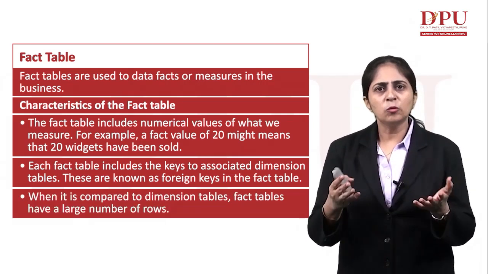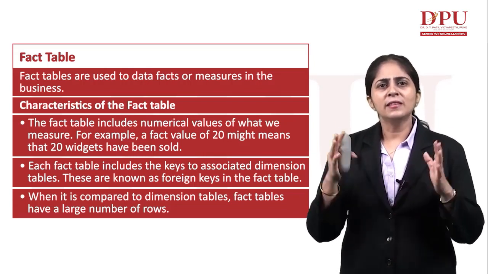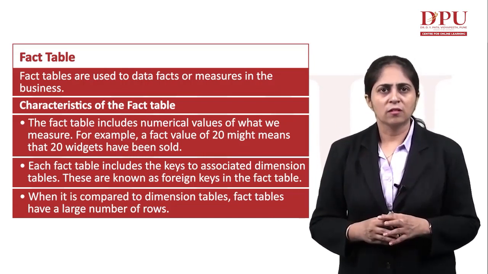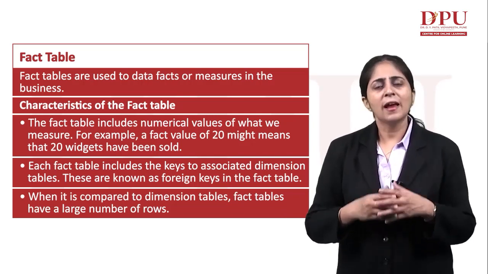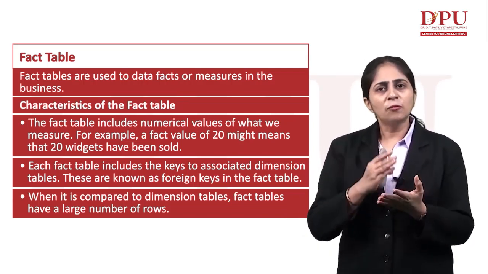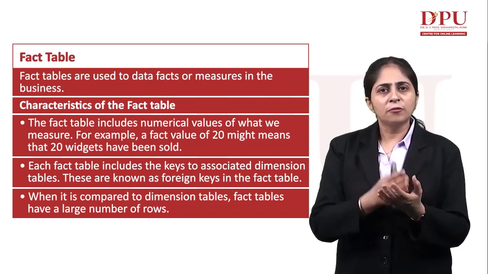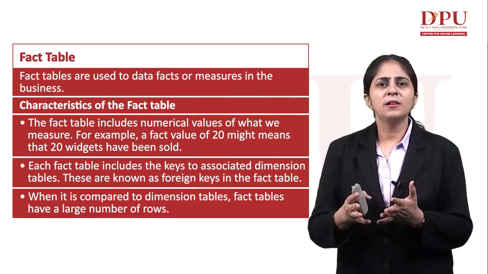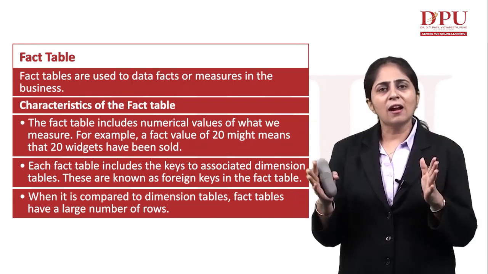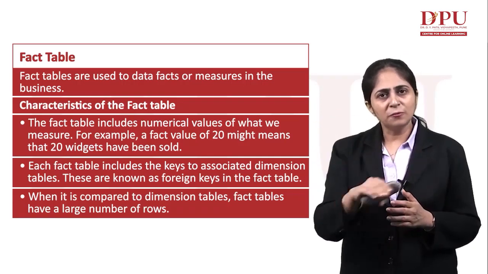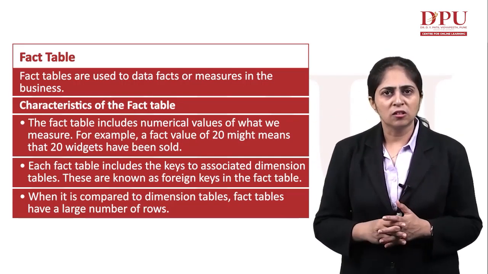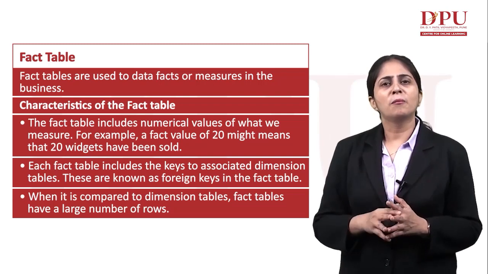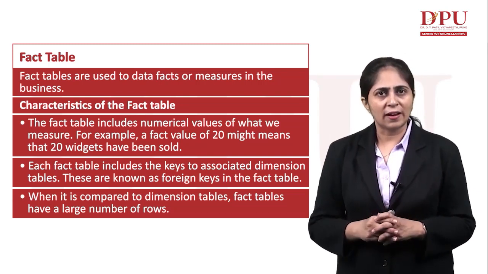When compared to the dimension table, fact tables have a large number of rows. We are going to be talking about the dimension table after this. You should understand the difference: fact tables have a large number of rows because we have many values in them.